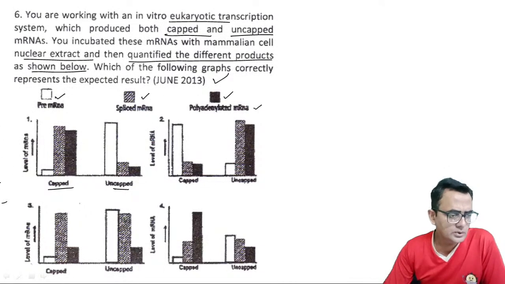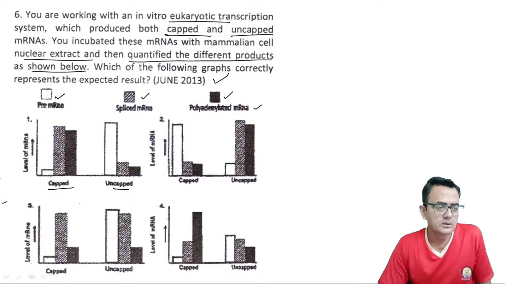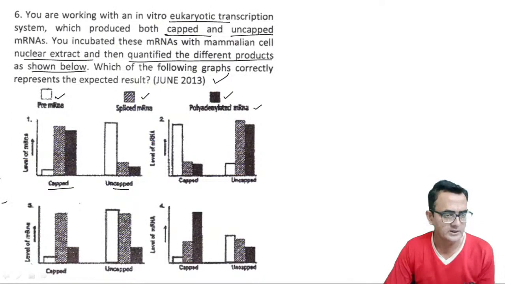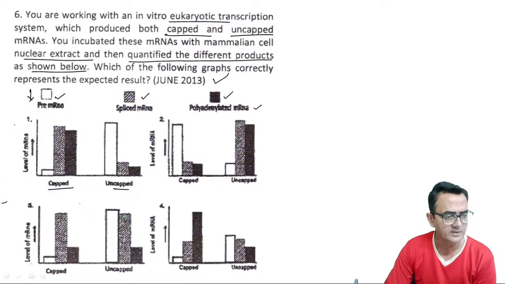So what happens when you talk about the capped pool? If we talk about the capped mRNA isolated, there the pre-mRNA will be very very less. Capping is happening there, so there is no issue. If capping and polyadenylation occur very smoothly, then splicing also occurs, of course.